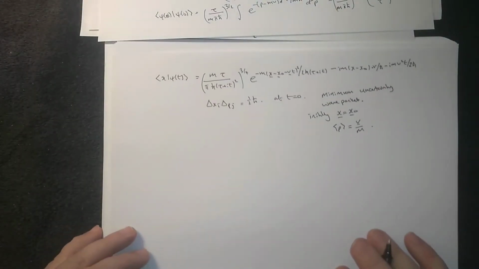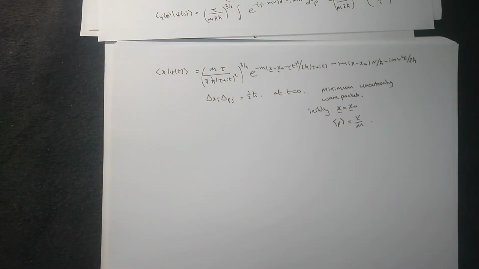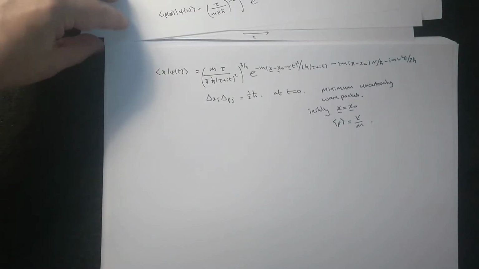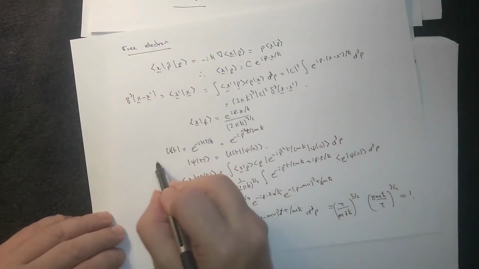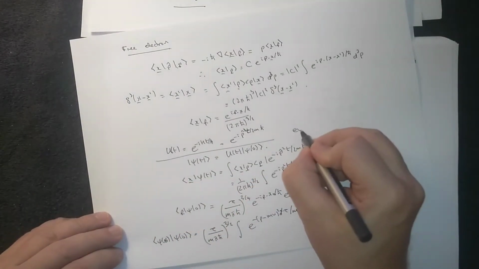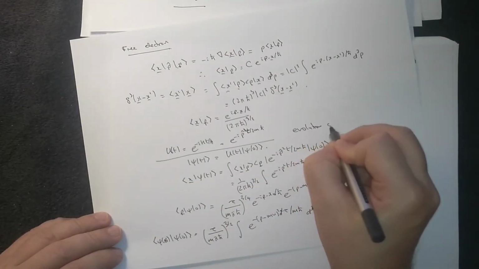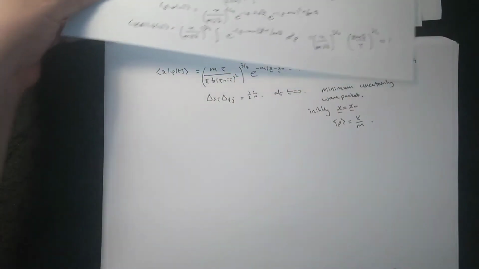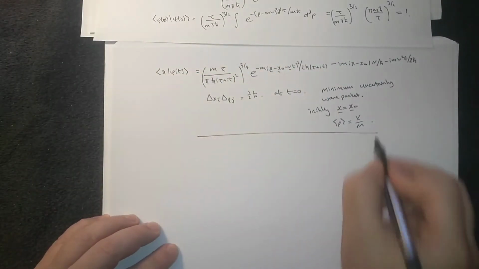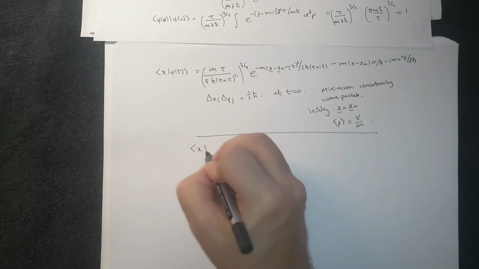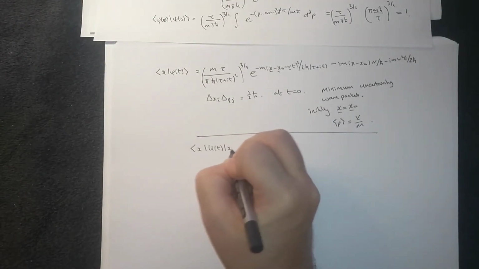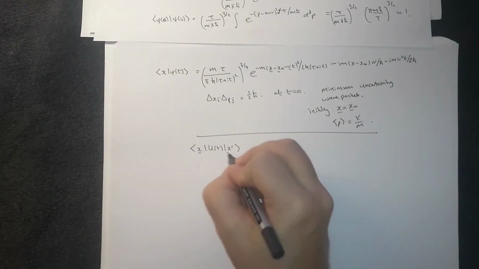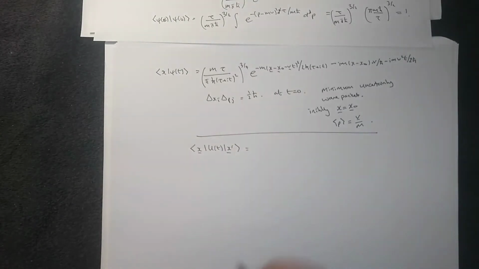Okay, next we're going to look at the Green's function. So we had U, the evolution operator, and let's work out the following matrix element.